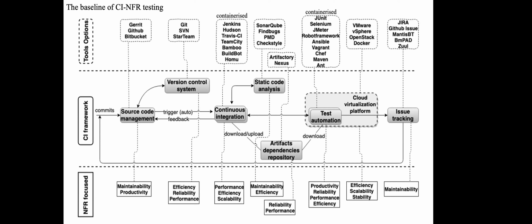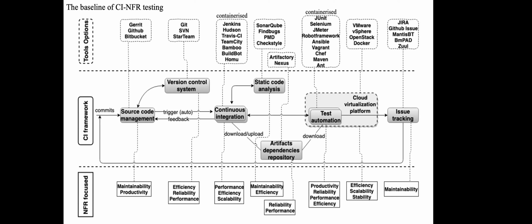So this is the baseline we find through the academia side. There are 3 layers in general. In the middle layer, we have the CI components, which are extracted from the publications. On top are the available tools, at least in 2018. We find that those tools can be applied in different components.